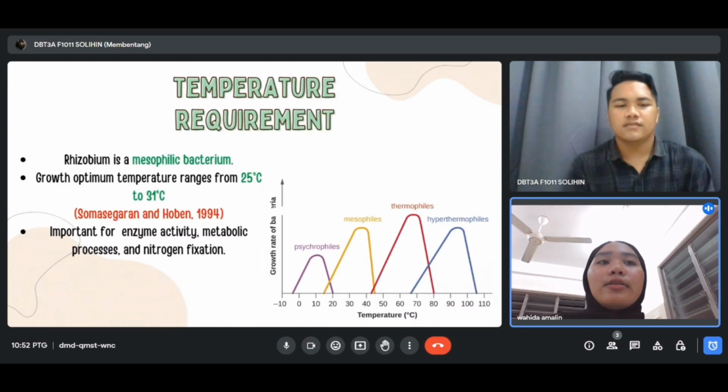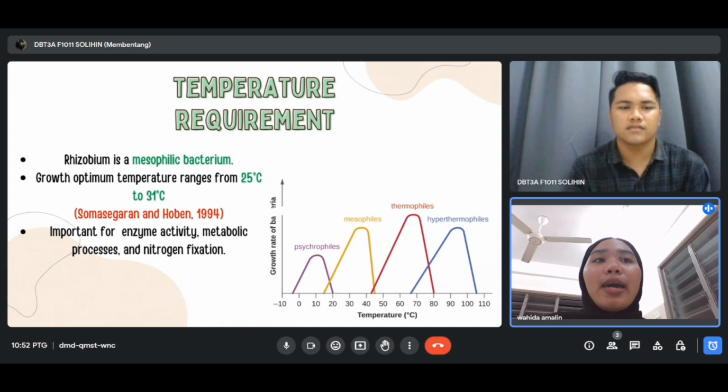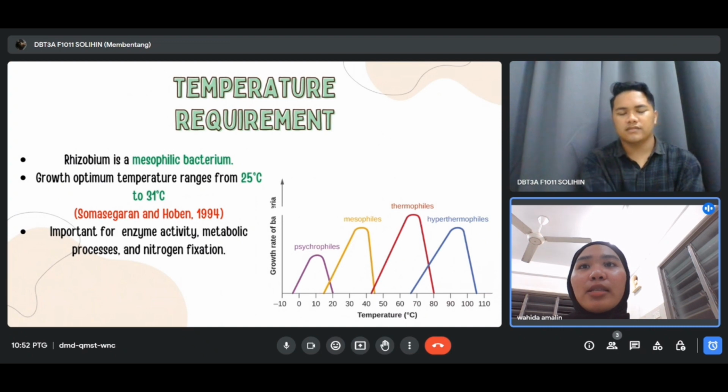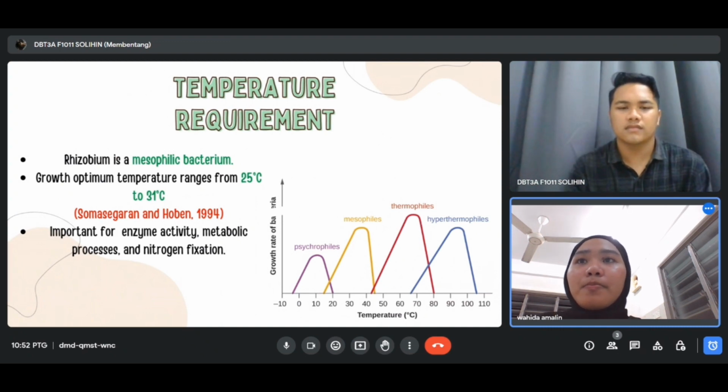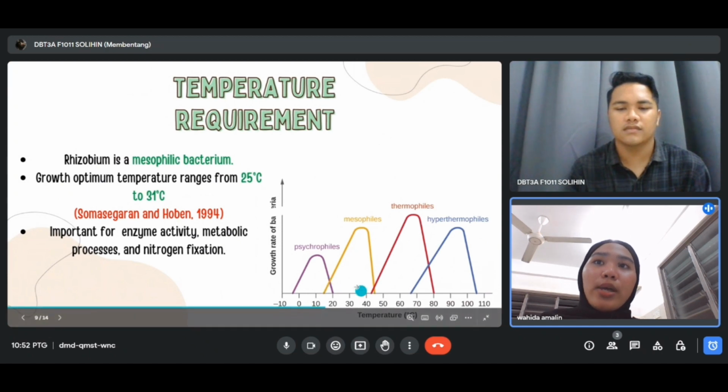This is the temperature requirement that Rhizobium leguminosarum needs. Rhizobium is a mesophilic bacterium. As we already know, mesophilic bacteria grow in the range of 25 to 45 degrees.